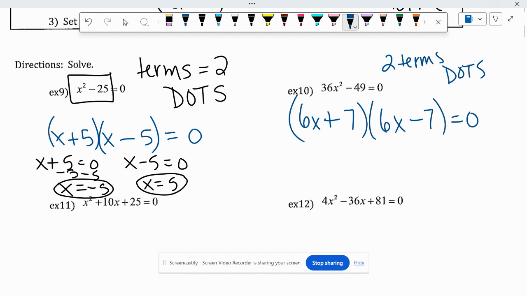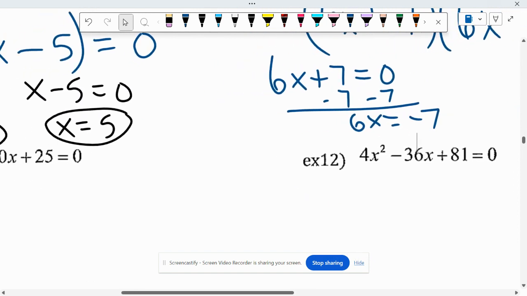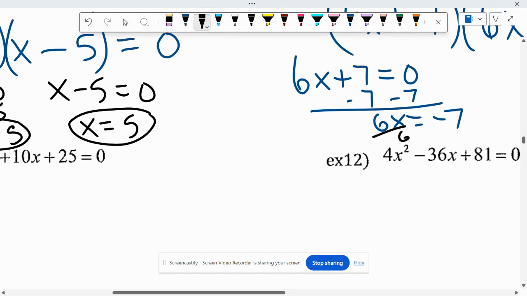Equals 0. So that means that 6x plus 7 equals 0. I subtract 7 from both sides. 6x equals negative 7. Divide both sides by 6, and I find out that x equals negative 7 over 6.